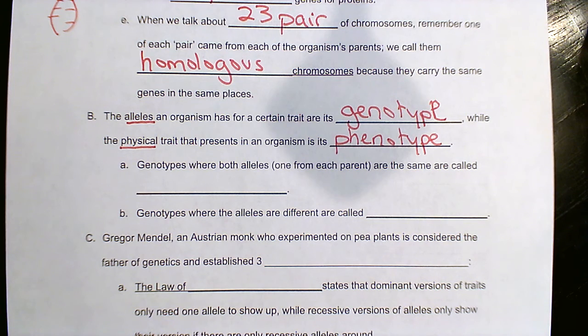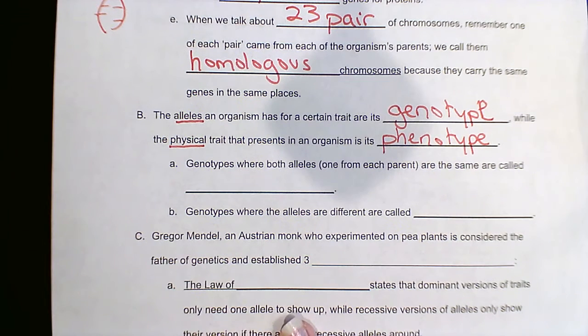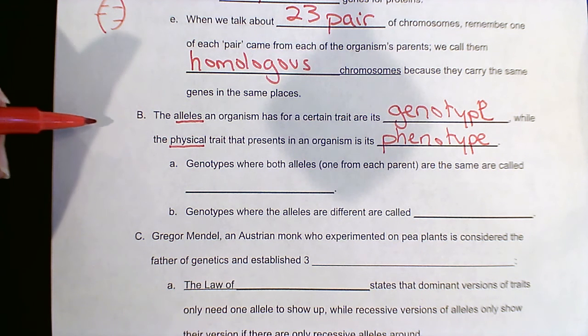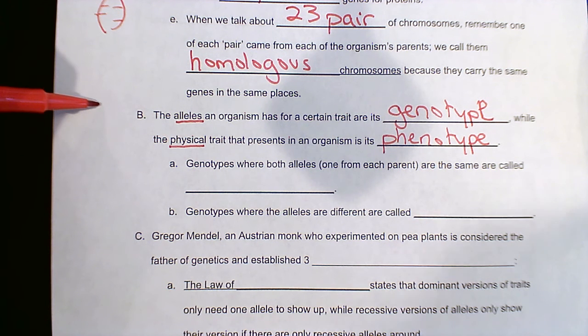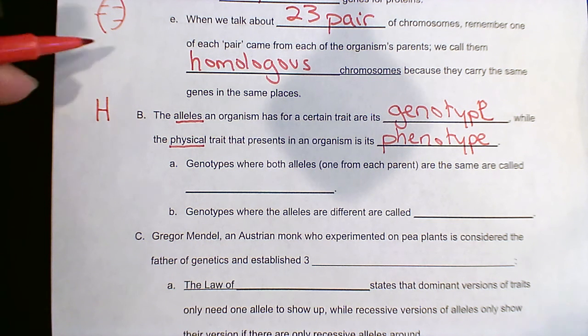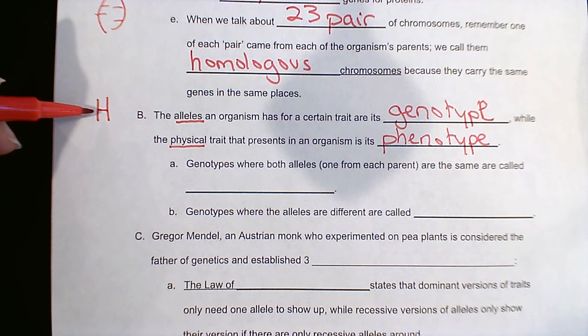Okay, so if we go back to the hitchhiker's thumb idea, I'm pretty sure my mom has a straight thumb and my dad has a hitchhiker's thumb. So I have a hitchhiker's thumb. So I must have the genotype with at least one dominant H allele for hitchhiker's thumb. But my mom has a straight thumb.